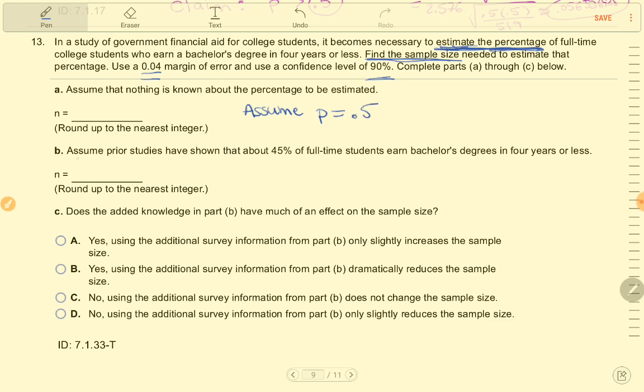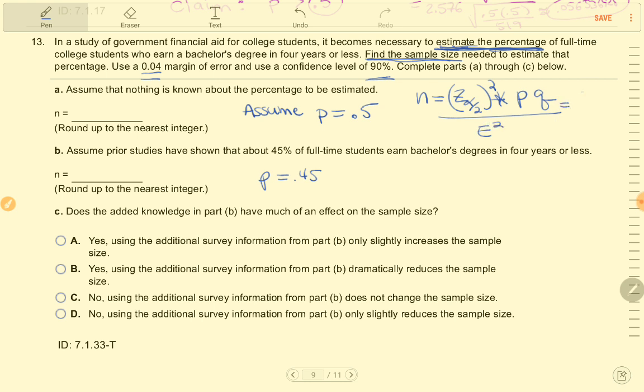And Part B says assume prior studies shown that about 45% of full-time students earn bachelor's degrees. So for Part 2, we're going to let P be 0.45. So the formulas are n equals z alpha half quantity squared times P times Q over E squared.